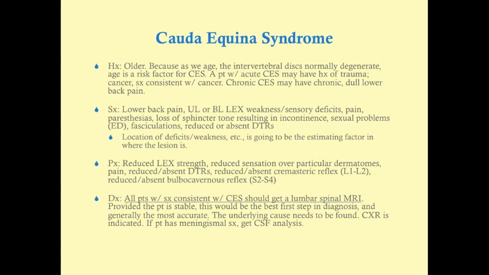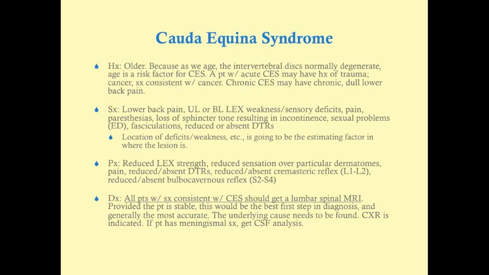So a chest x-ray is generally indicated, but the best first step in working up Cauda Equina syndrome, provided you have a patient who's stable, is going to be a lumbar spinal MRI. And by lumbar spinal MRI, I mean also including the sacral levels too. So, lumbosacral MRI.